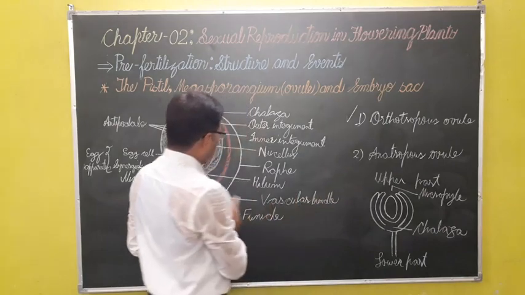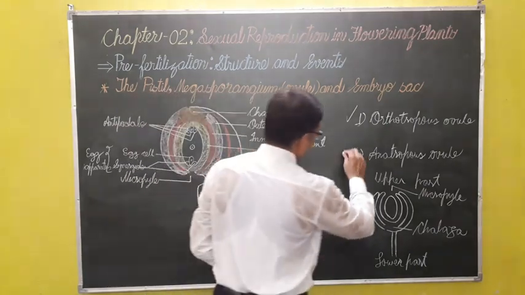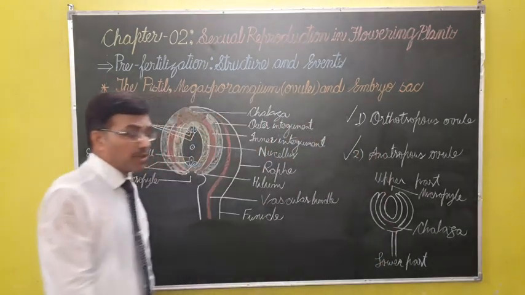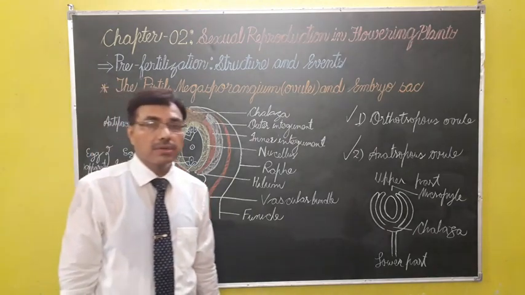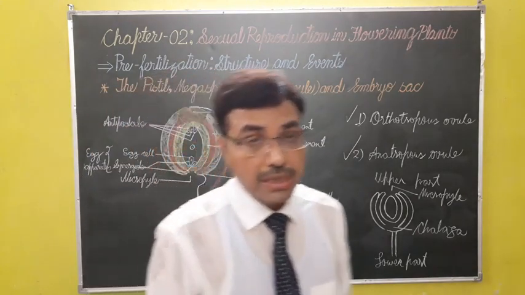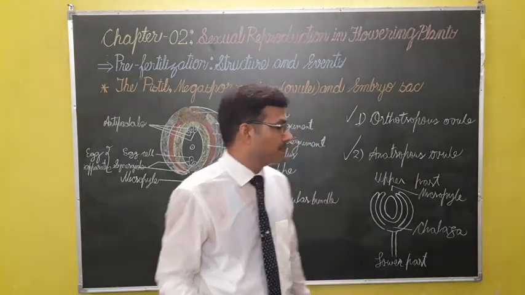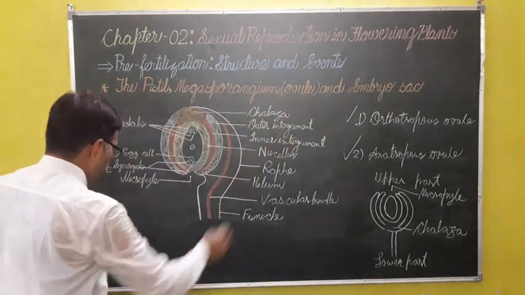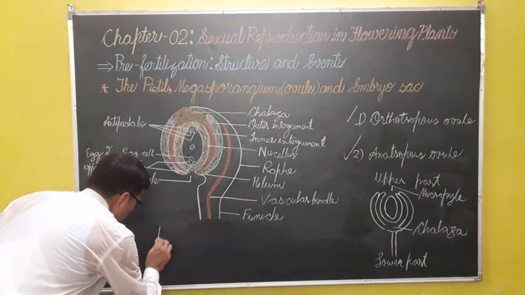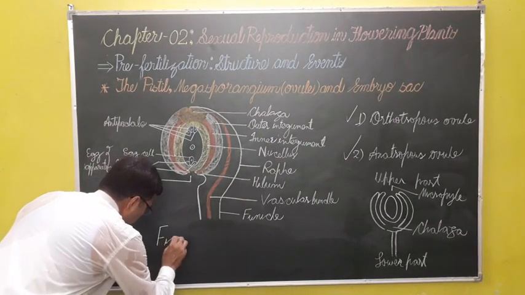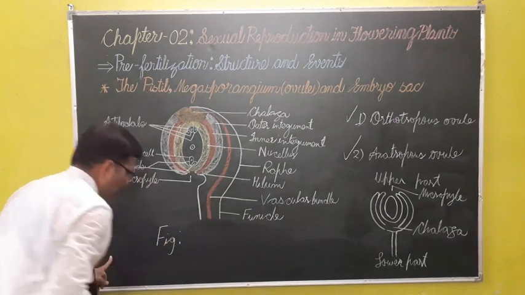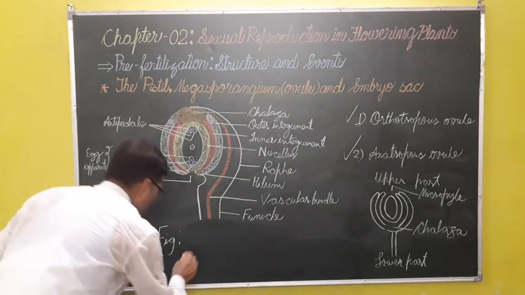So two types of ovules are there, orthotropous ovule, and the second one is the anatropous ovule. Anatropous ovule is called the typical ovule. Do you know why? Because in the majority of flowering plants, the anatropous ovule is formed. So this is the diagram of a typical ovule.